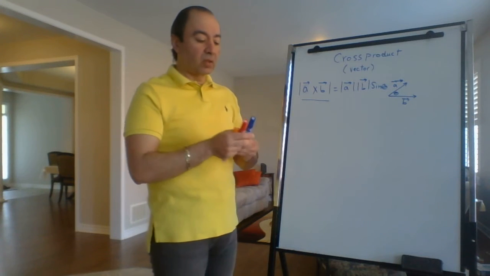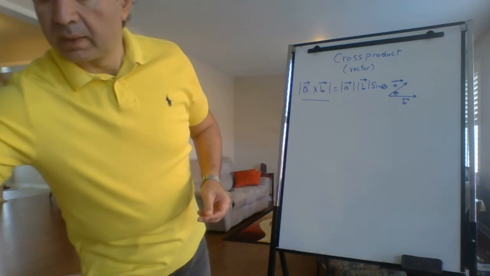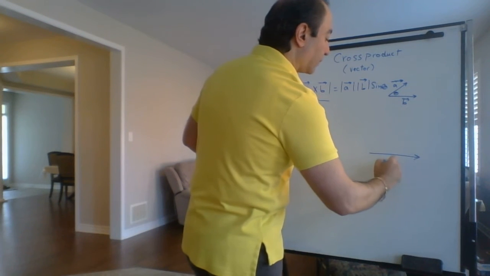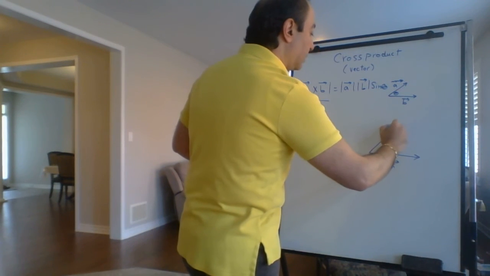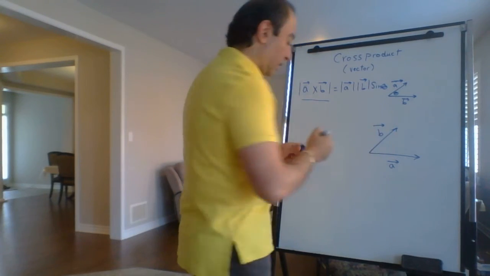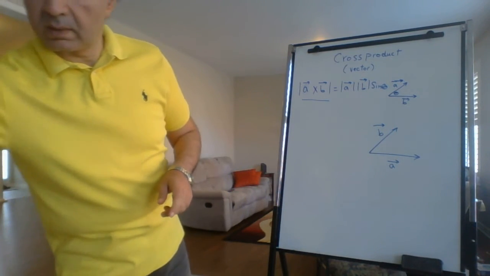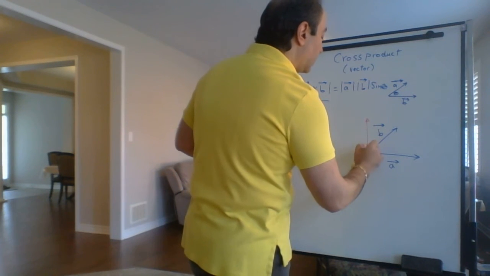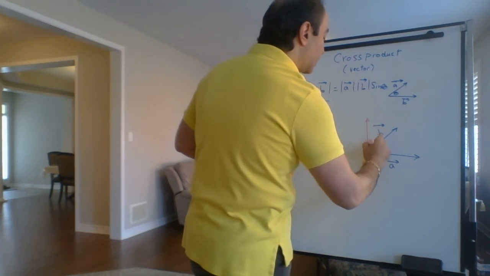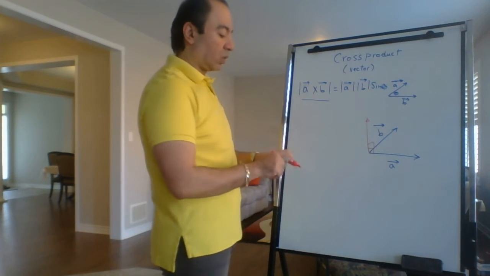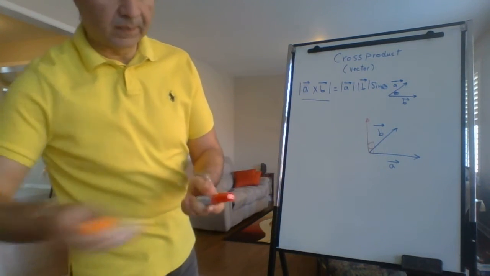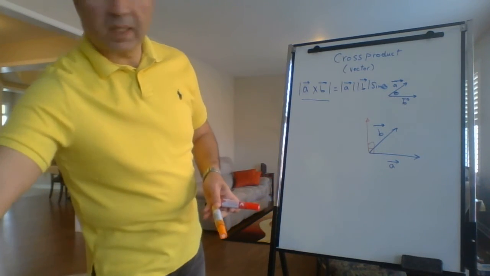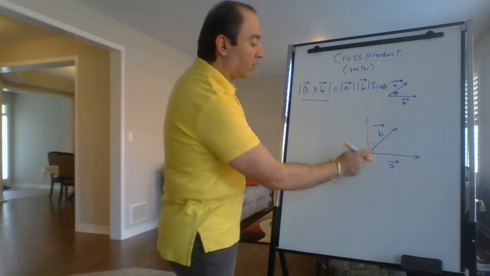So if this is vector A and this is vector B, the result when we do cross product will be a vector that makes 90° on both A and B. Imagine this is 3-dimensional, so those two vectors are like this and this one is like that. How can we determine if it's this way or the other way?